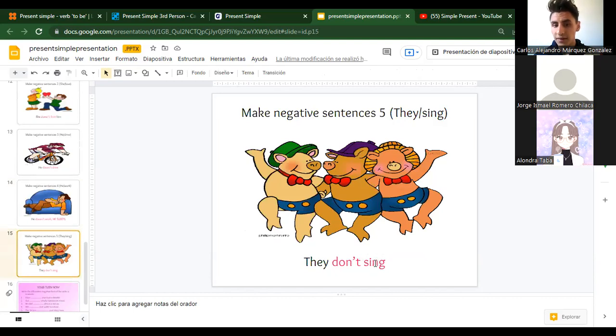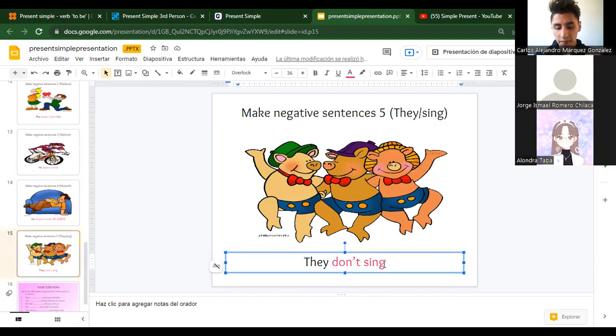They don't sing. Ellos no cantan. They dance. Ellos bailan. Okay, so here is the difference. Here we have a negative sentence with present simple. And here we have another sentence, but in affirmative, in present simple too.